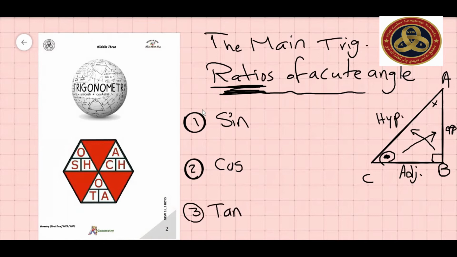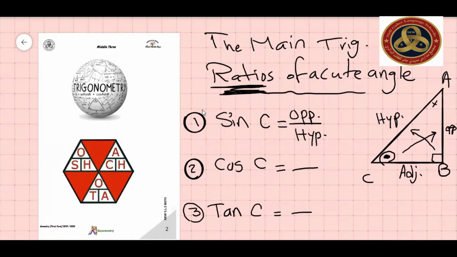If I ask you to get sine C, cosine C and tan C, first, I have to know the ratio of each one. The sine of angle C, or the ratio of the sine, equals opposite over hypotenuse. Okay, this is the rule. You have to keep this rule.